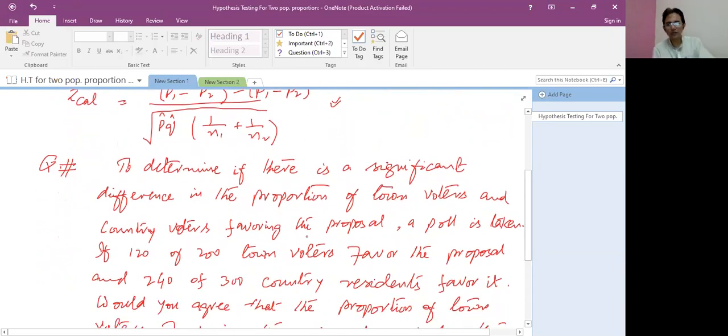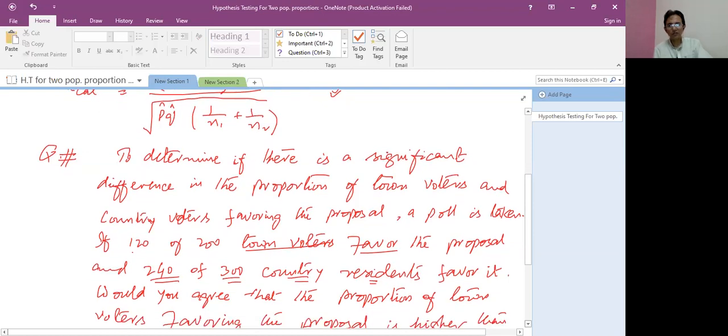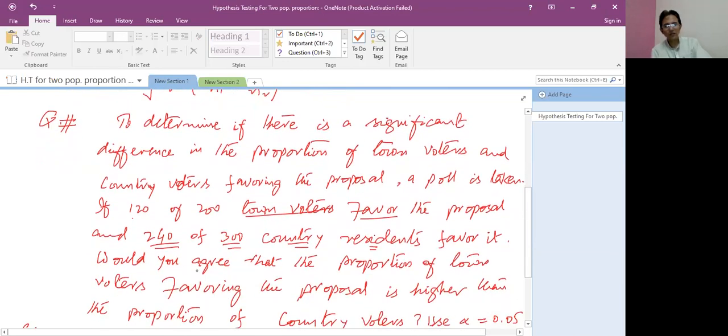The question is, would you agree that the proportion of town voters favoring the proposal is higher than the proportion of country voters?